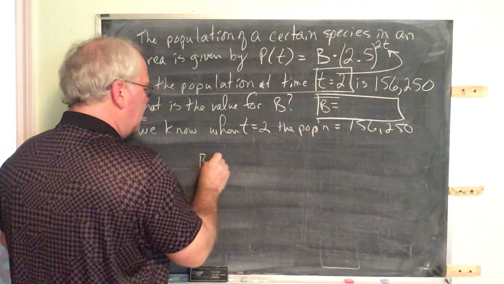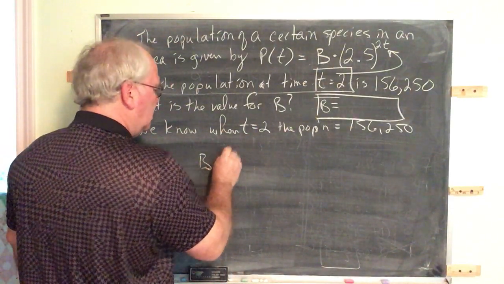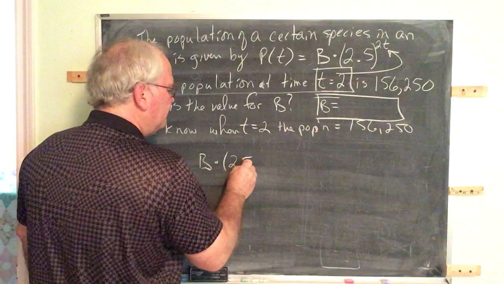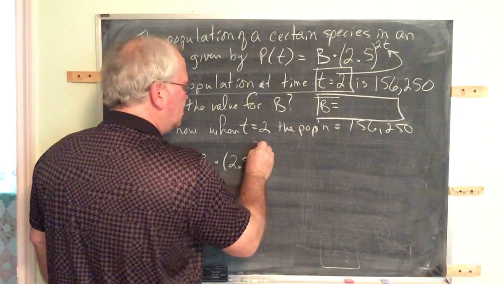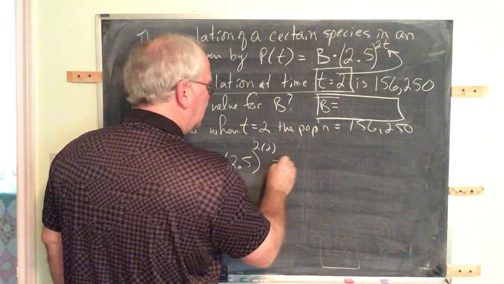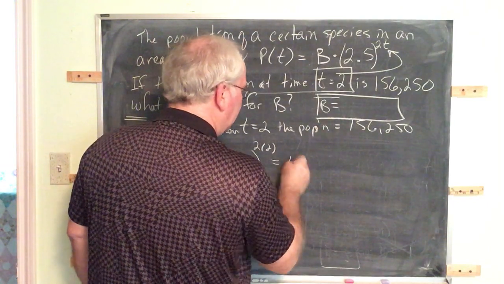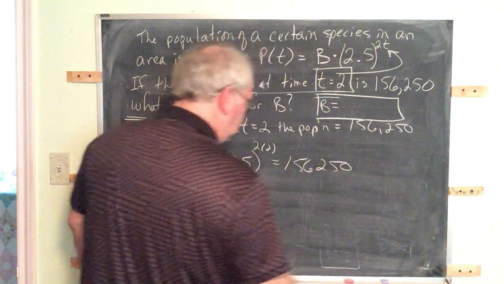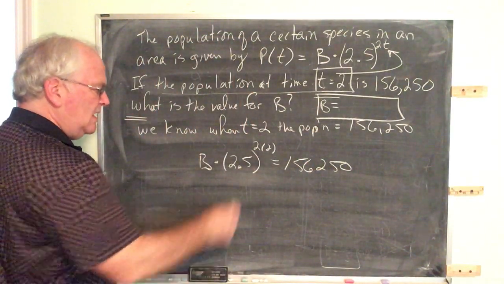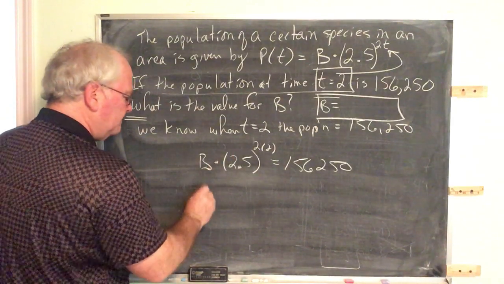So we know that b times 2.5 raised to the 2 times 2 power is equal to 156,250. We can compute this expression.